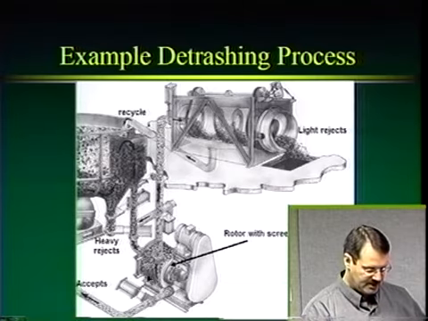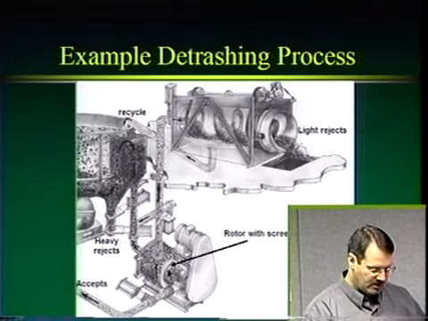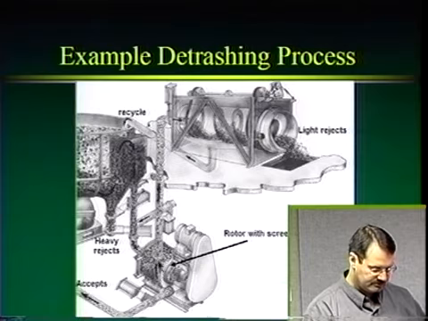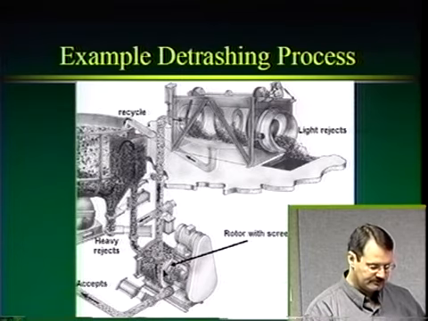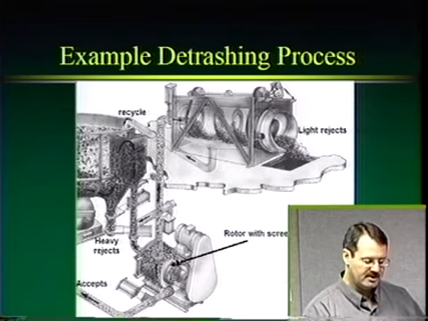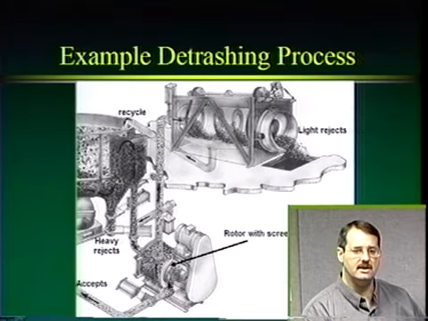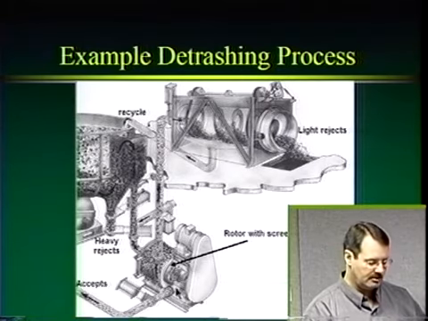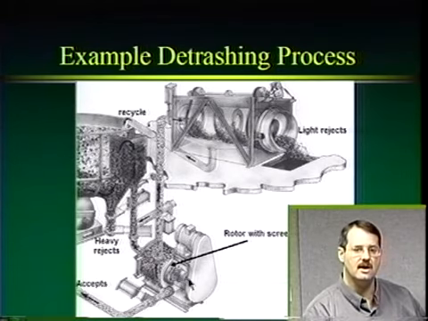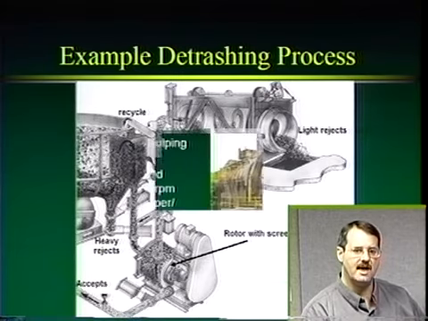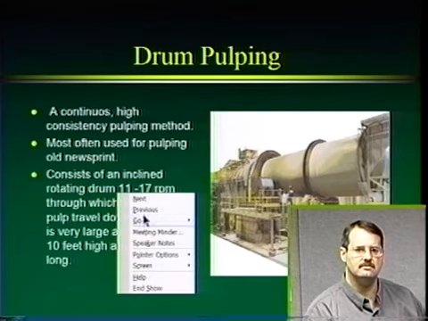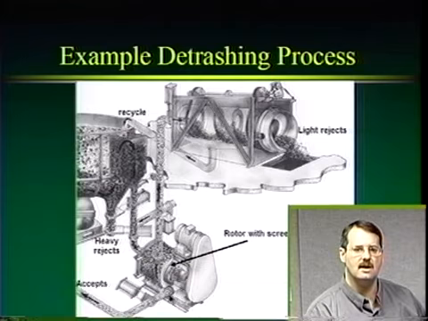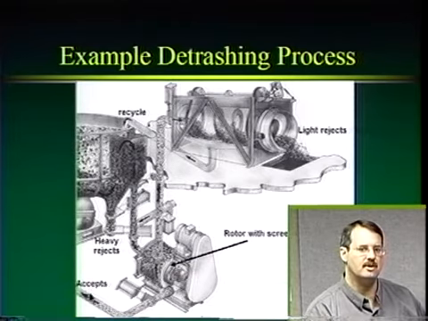So basically here we've got a rotor, and the rotor is backed by a screen plate right here, and the pulped material goes through that screen plate and it's exited out. I'm sorry but part of this has been cut off, but here's the accepts of that screen, and so here's the accepts of our pulping process.